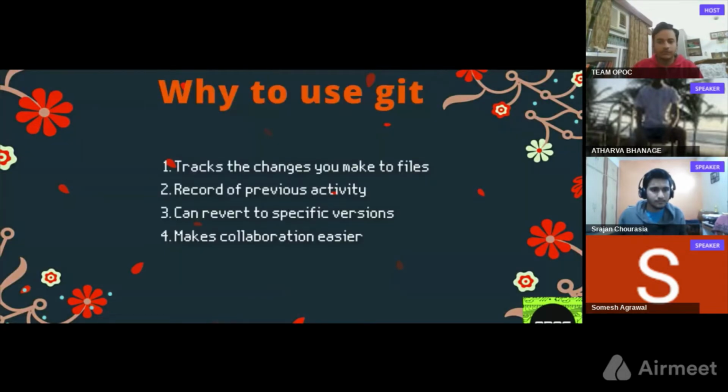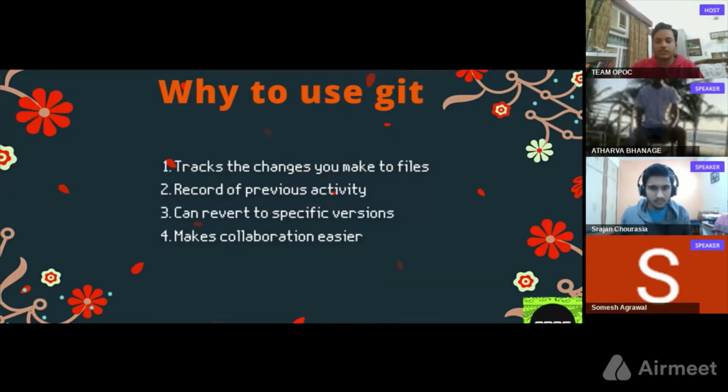So why use Git? It helps you track the changes you make to files. Some of you may have used version 1, version 2, version 3, like that. You can see what changes you had in version 1, version 2, like that. Then there is a record of your previous activity. If you made some code and did some error, you can go back to your previous code.